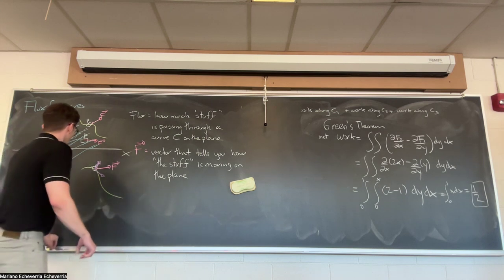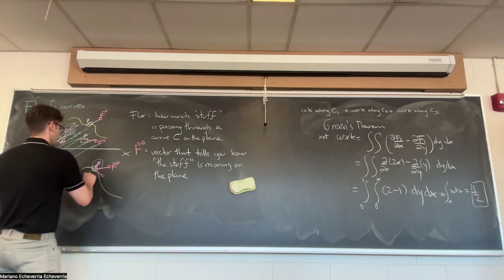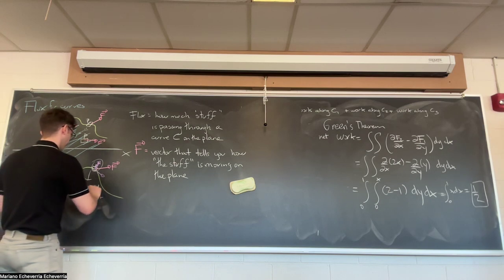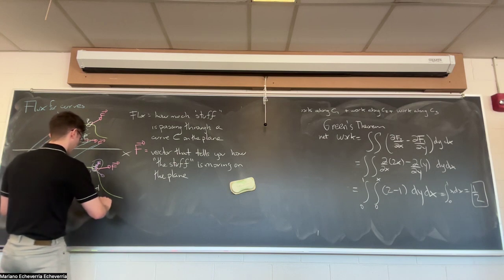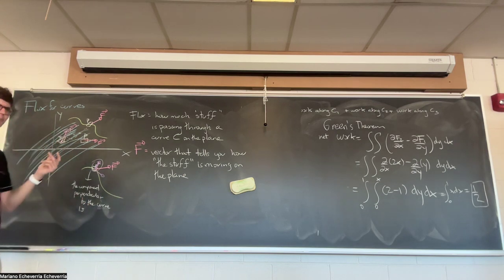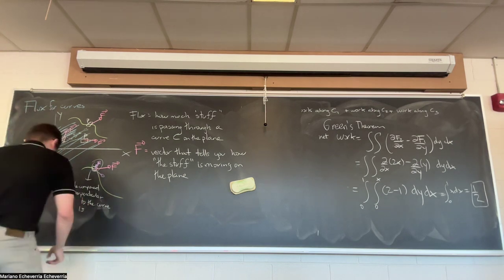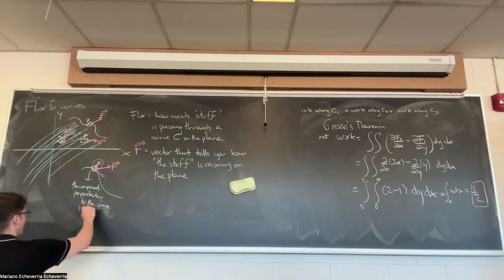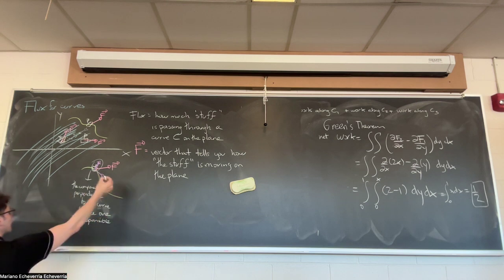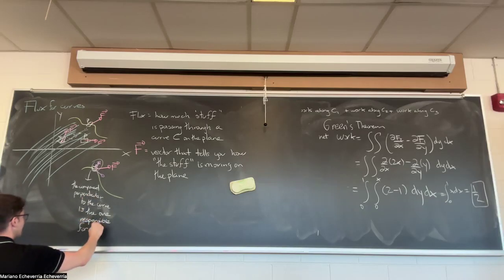So the component that's perpendicular to the curve is the one responsible for crossing the curve.